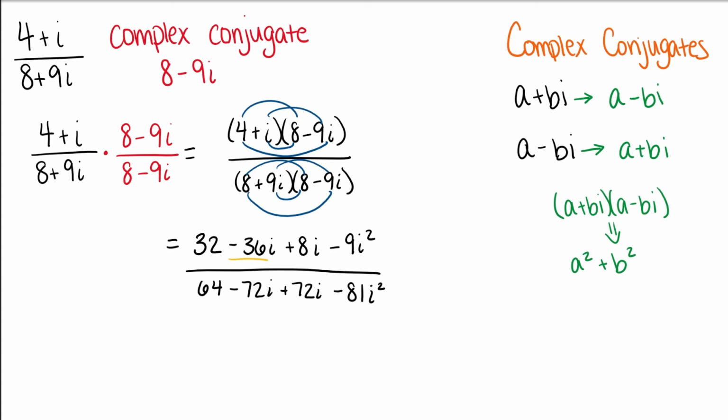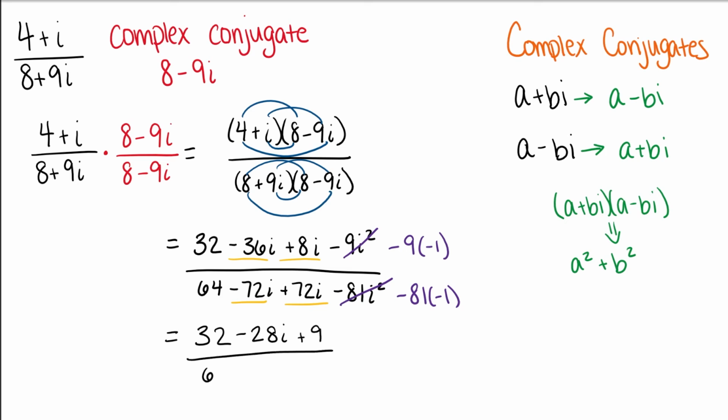Our like terms in our numerator are negative 36i and 8i, and in our denominator, negative 72i and 72i. And i squared becomes negative 1, so we have negative 9 times negative 1 in our numerator, and negative 81 times negative 1 in our denominator. So this expression becomes 32, negative 36i plus 8 is negative 28i, plus 9, all over 64.